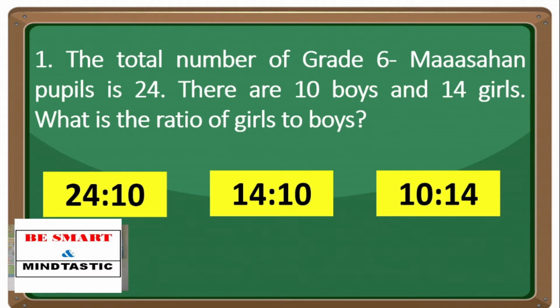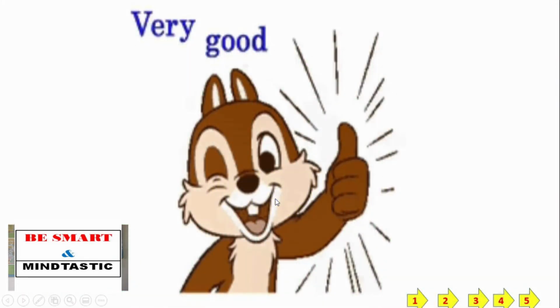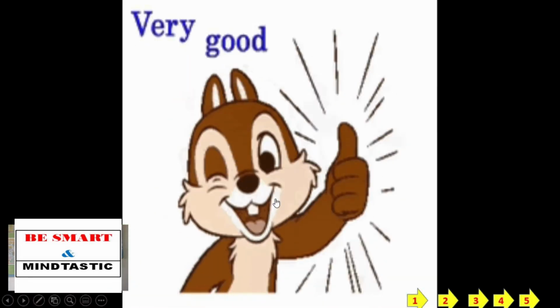There are 10 boys and 14 girls. So what is the ratio of girls to boys? So what is your answer, Marian? Is it 24 is to 10, 14 is to 10, or 10 is to 14? Okay, so your answer is 14 is to 10. Very good, Marian. Your answer is correct.